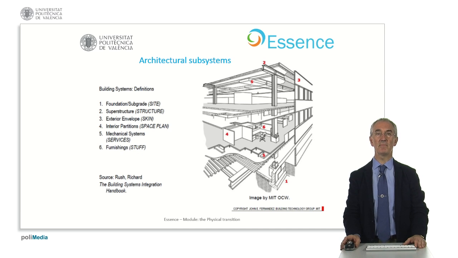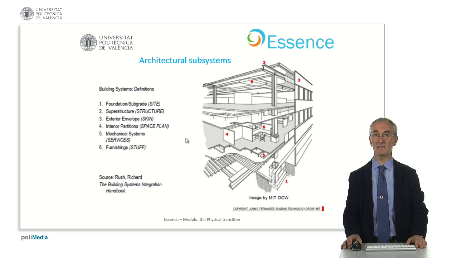First, remember the architectural subsystems are, from the foundation: structure, envelope, partitions or walls, facilities or functional approach, and providing elements to the functional work, and the different furnishings that we include in the building.